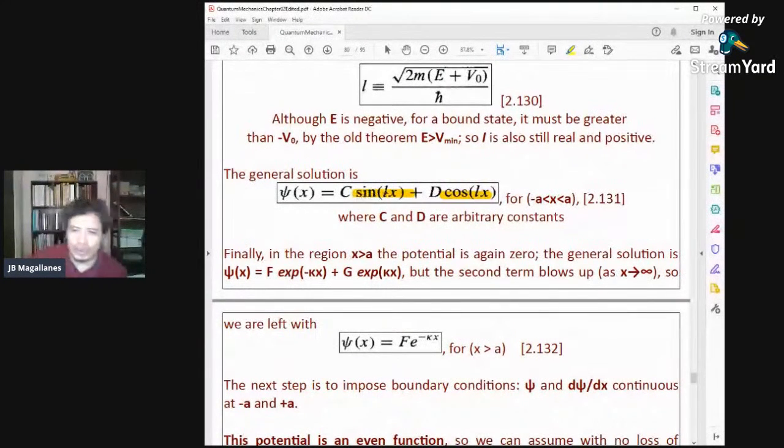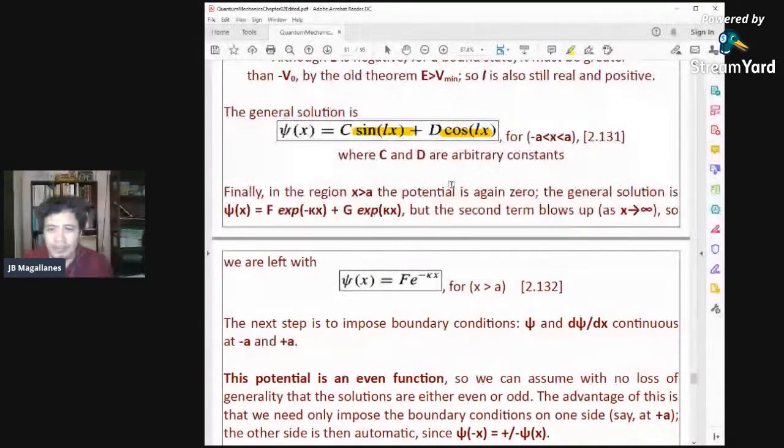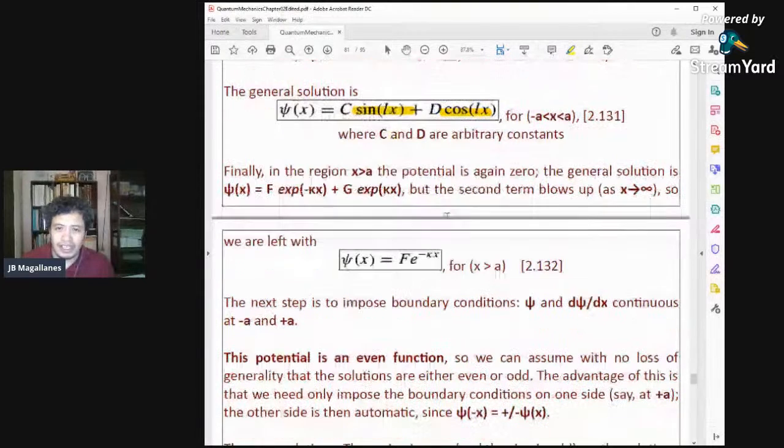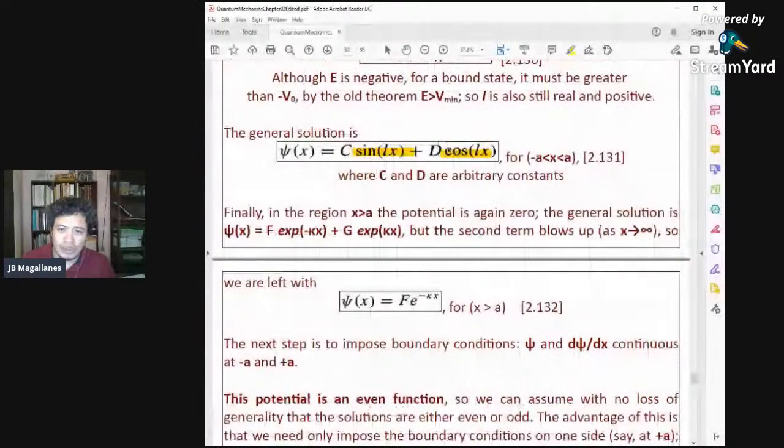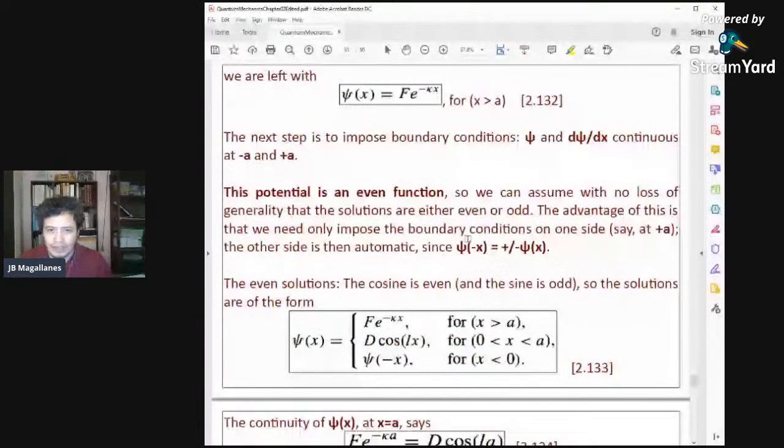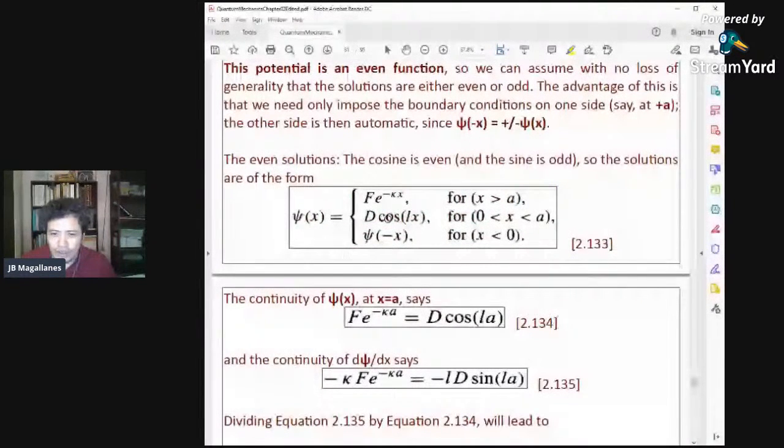But if you just use cosine, because this is already an even function, it's much more convenient to play with cosine than with sine. So you can use sine here or just cosine.